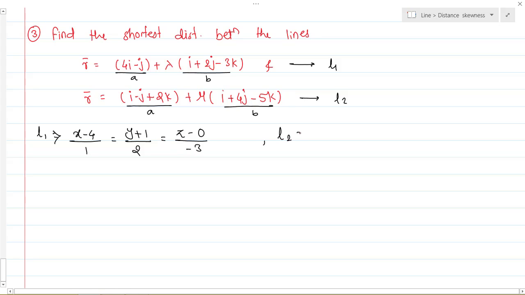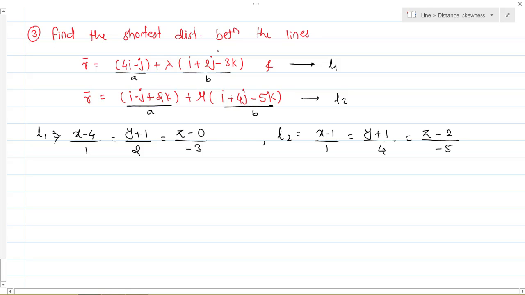L2 becomes (x minus 1) upon 1 equals (y plus 1) upon 4 equals (z minus 2) upon minus 5. These are the two equations of lines in Cartesian form.